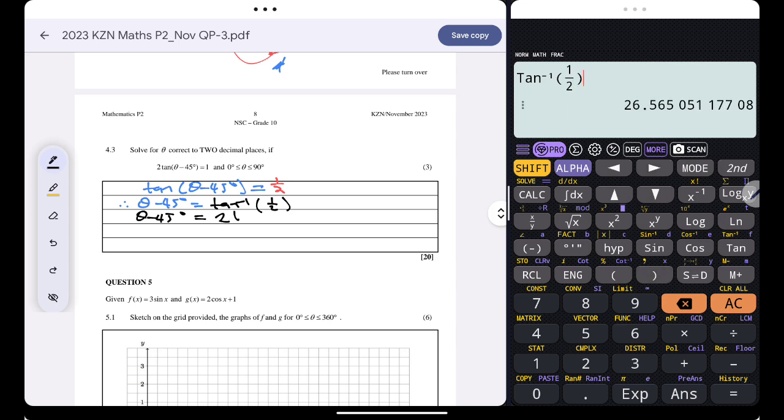I'll get 26.57, since the answer should be in 2 decimal places now. So therefore theta will be 26.57 plus 45. This is 71.57. This is how you answer general trigonometry questions, guys.